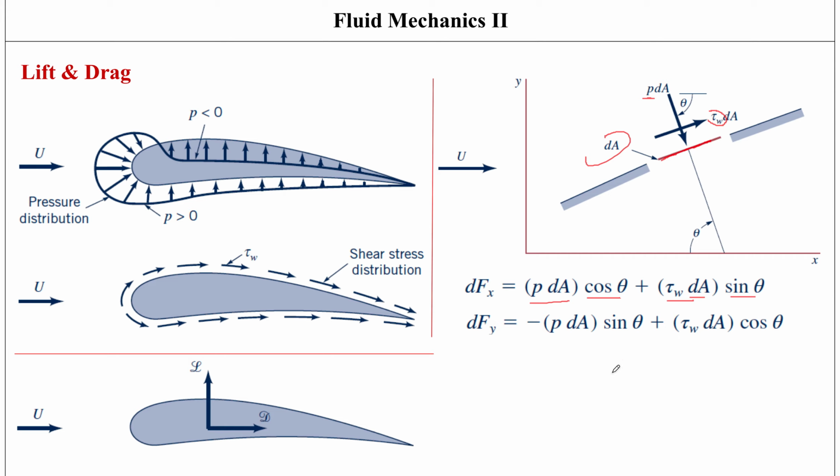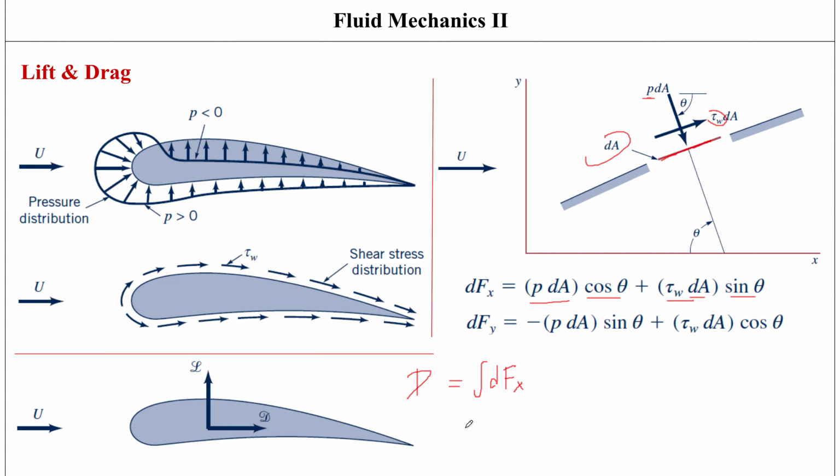And so if I was to try and find out the net x and y components of forces, then to find out the net components, I would have to take an integral of the forces in x direction, right? So when I'm integrating all of the forces in x direction, then that integral is going to give me the drag force, right?